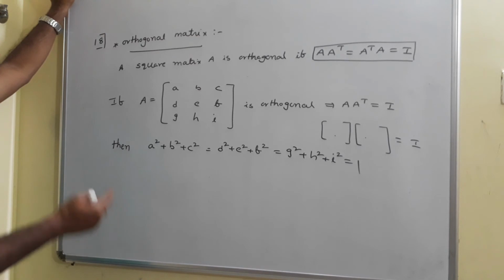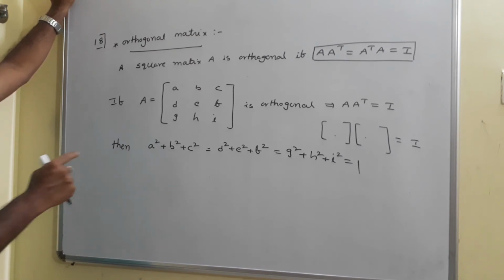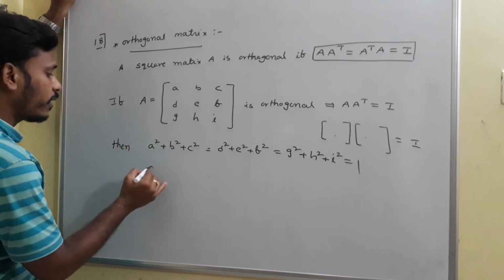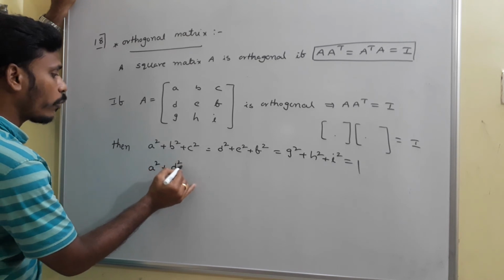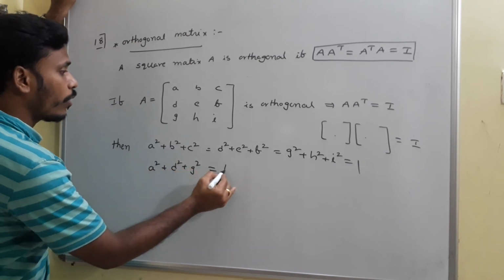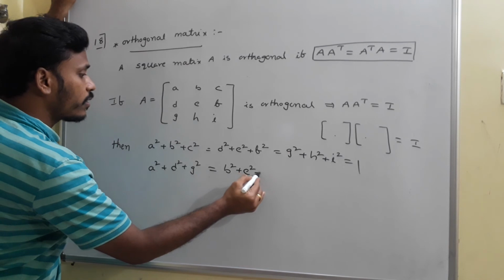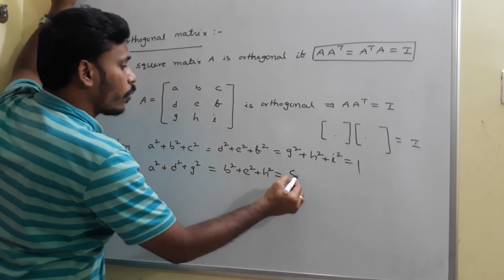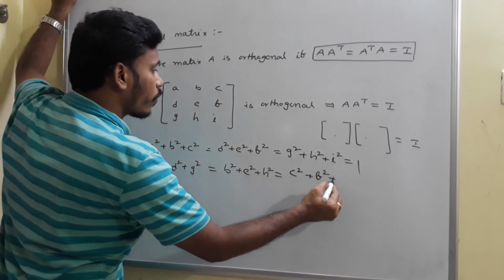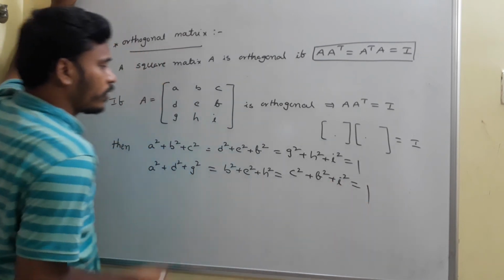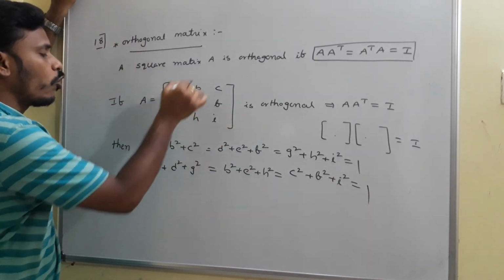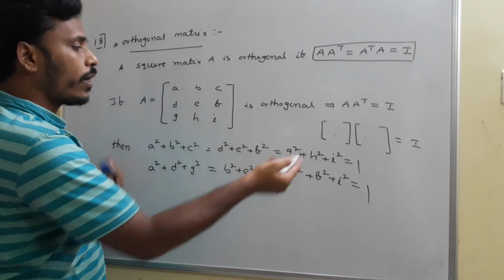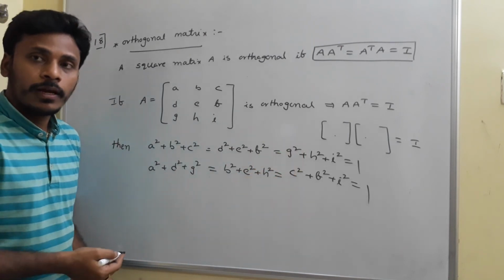Otherwise you can multiply A transpose with A. Then you will get A square plus D square plus G square is equal to B square plus E square plus H square is equal to C square plus F square plus I square is equal to 1. You may go with any row or any column, and that sum of the squares gives us 1. Okay, right?